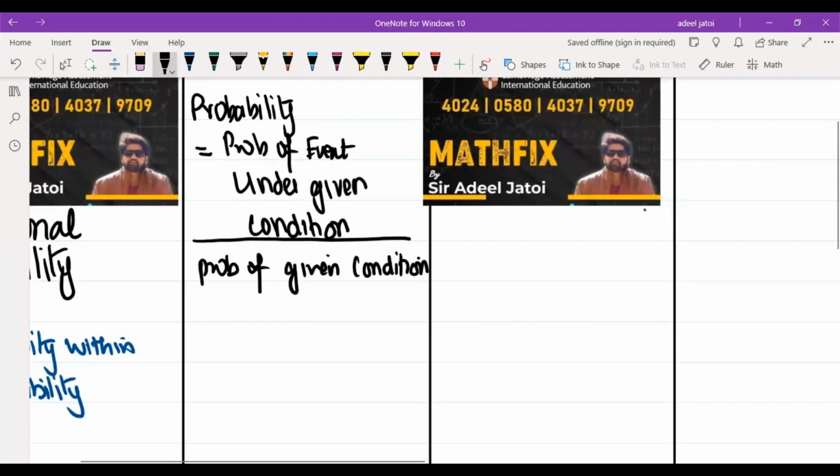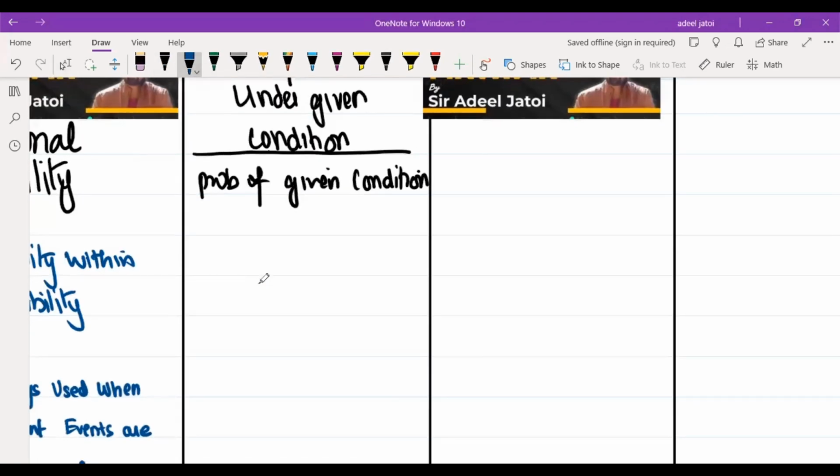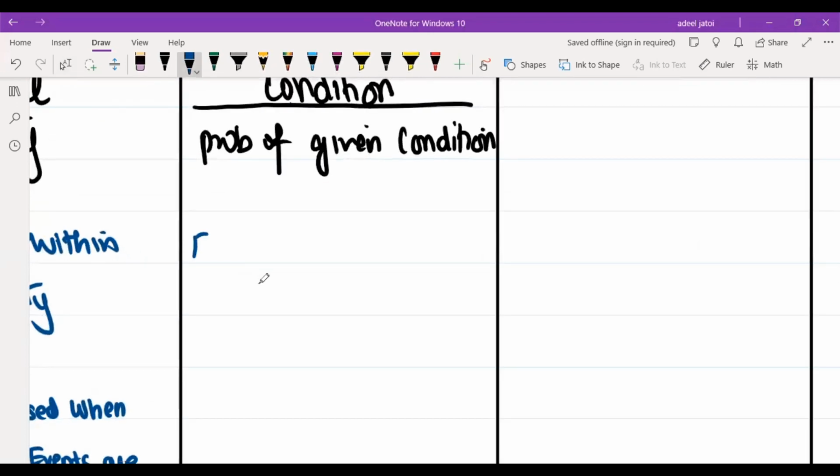That means when we are talking about probability within a probability, there is an event that you need to find out. But that event's probability will be from the given condition event, that means the total event of the given condition. In easier words, we'll work out examples so that it's easier to understand.